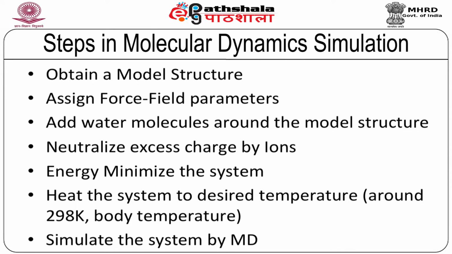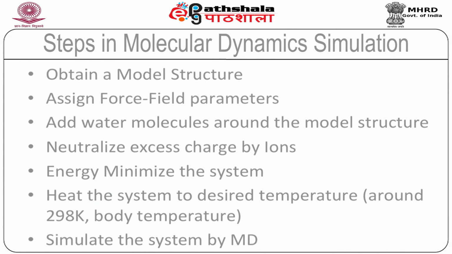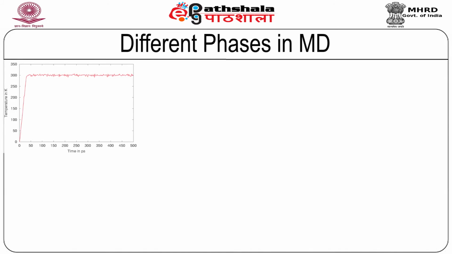So the first parts have been covered earlier. If I start from heating the system to the desired temperature, what will happen is that during heating my temperature will slowly rise because of scaling, and then after a while the scaling will stop.